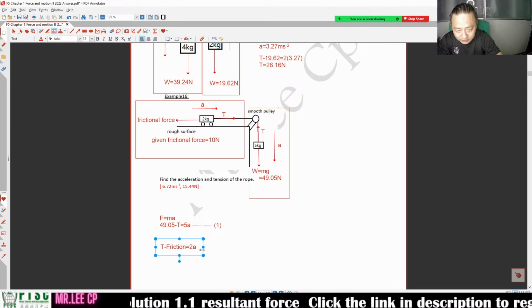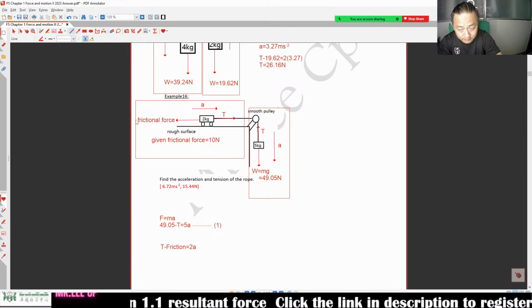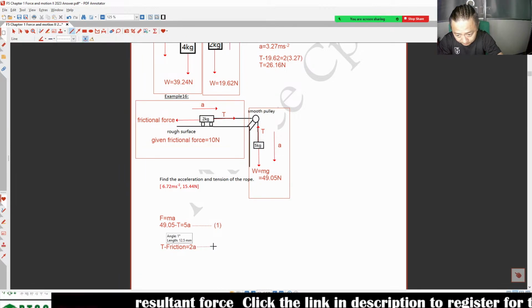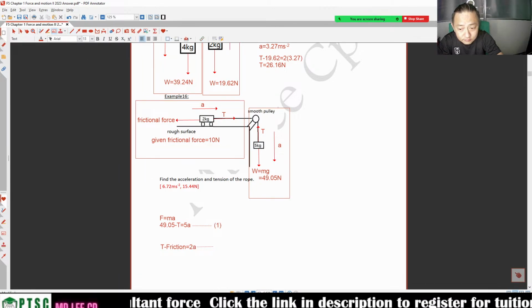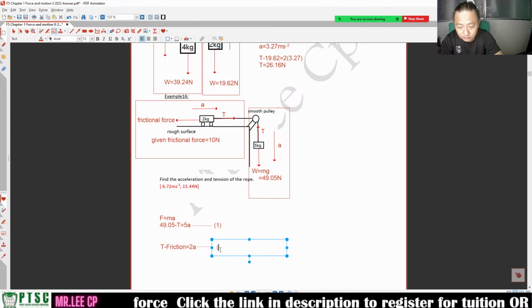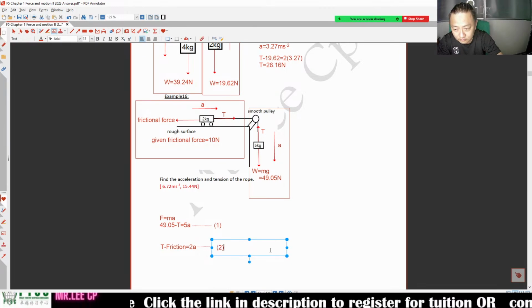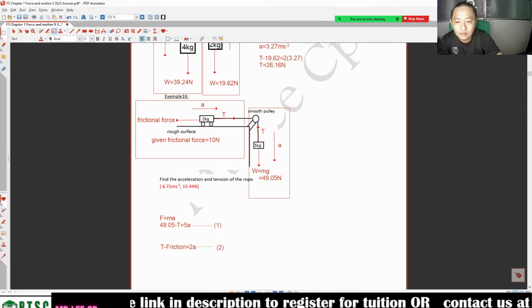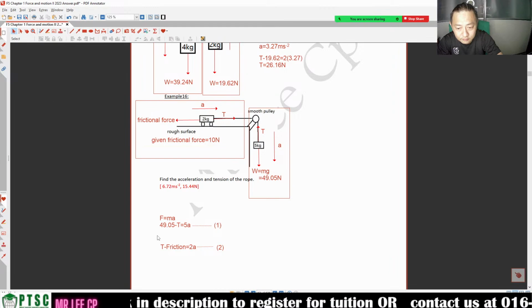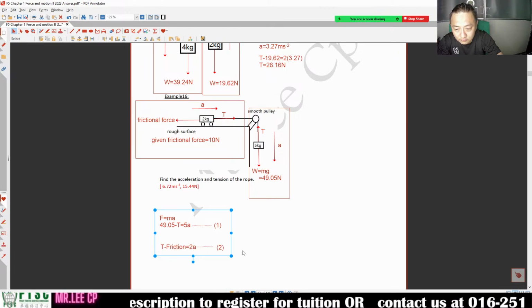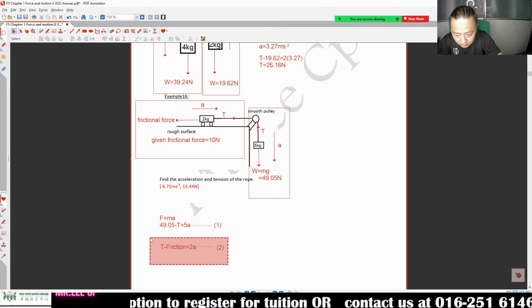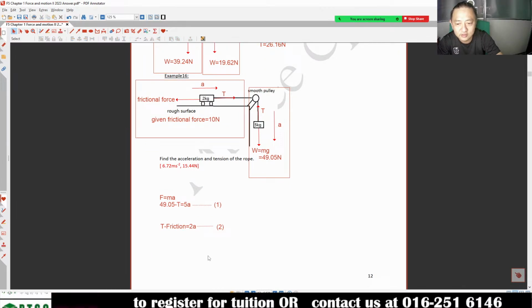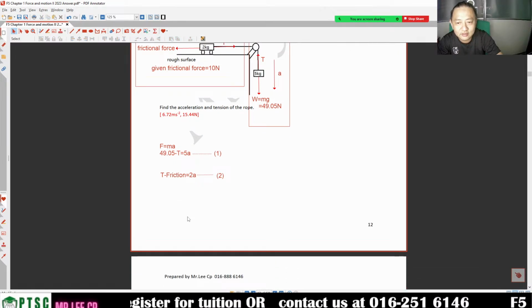I got the second equation already. Then solve them.